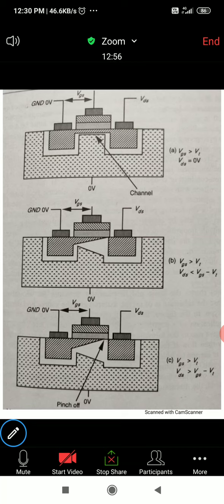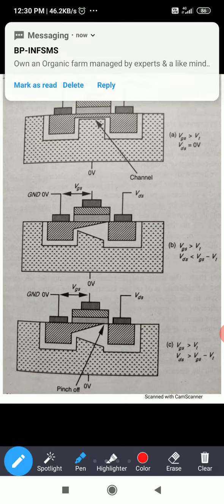One is cutoff mode, next one is linear or ohmic, next one is saturation. Based on the three conditions, here you can see the transistor.